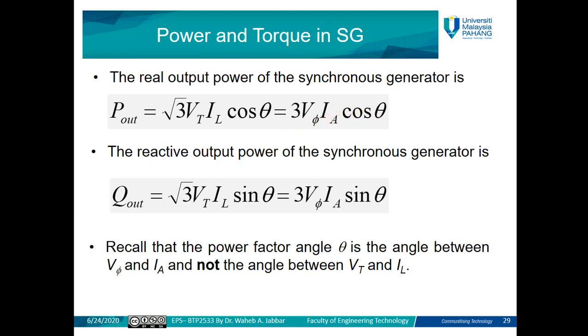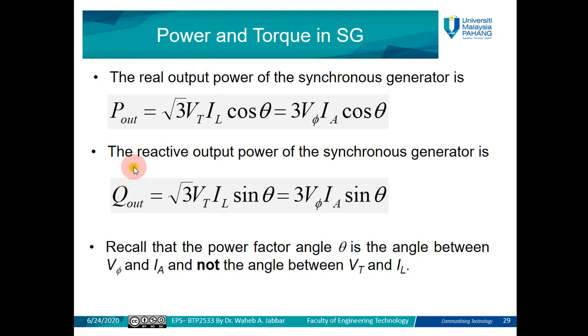Okay, this is the real power, and then the reactive power that you learned before during your electrical fundamentals. We have three types of power. We have the apparent power, which is S, and it's measured in kVA.